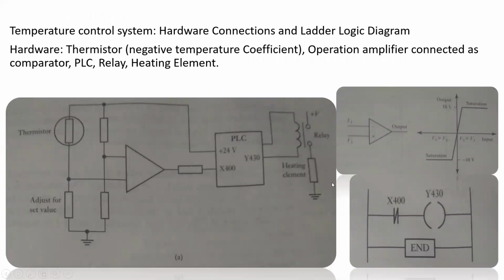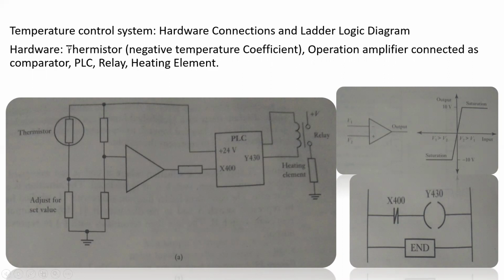Now this is another example of the PLC hardware circuitry and the ladder logic diagram. So this is basically a temperature control system. Let's first see the hardware. The hardware basically consists of a thermistor, and we all know that thermistor is a temperature sensitive element. Negative temperature coefficient means if the temperature of the thermistor increases, then the resistance will decrease.